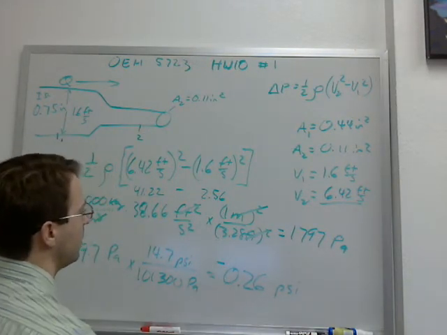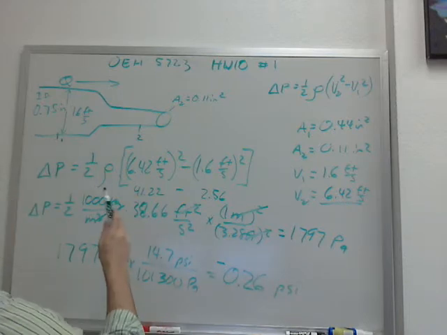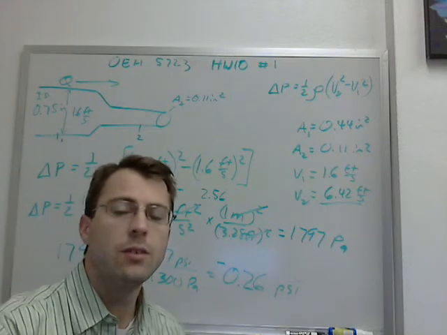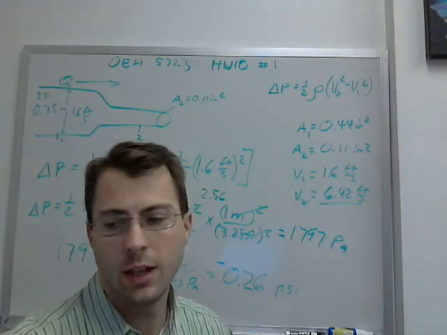So not a whole lot of pressure, but we can also know that the sign on this is negative. We should know that because as you increase your flow rate, you're converting static pressure into velocity pressure.